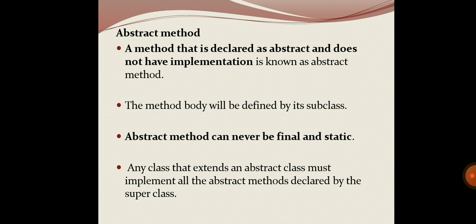Here just the method will be defined but the implementation will not be available. This abstract method cannot be final or static. Any class that extends the abstract class must implement all the abstract methods in the superclass.